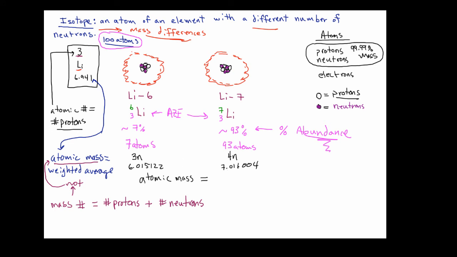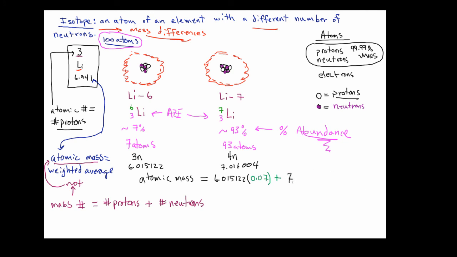All right, now to find the atomic mass, what we're going to do is take the atomic mass of the individual isotopes multiplied by their percent abundance, or the fractional percentage, summed together.